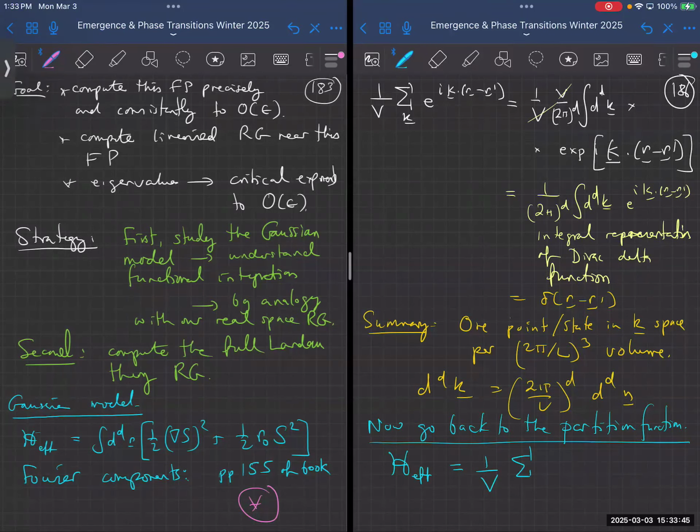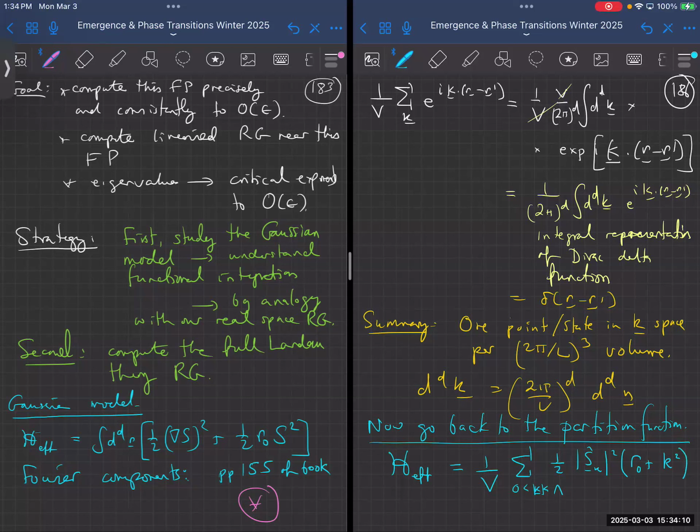So I do the Fourier transform, and what I get is 1 over V, the sum of 0 less than k less than lambda. And then I have here 1/2 the Fourier components squared, and then times r naught plus k squared.